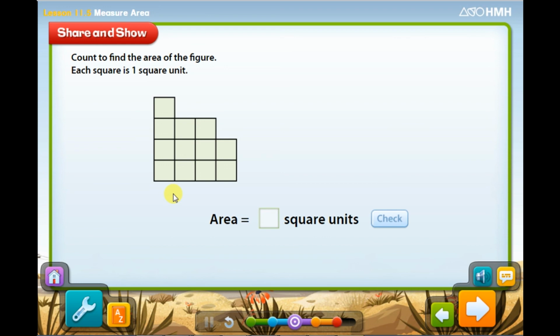Now we can count how many square units and see the area. Let's count with me. 1, 2, 3, 4, 5, 6, 7, 8, 9, 10, 11, 12. So it's 12. Yes, let's check the answer. That's right. The area is 12 square units.